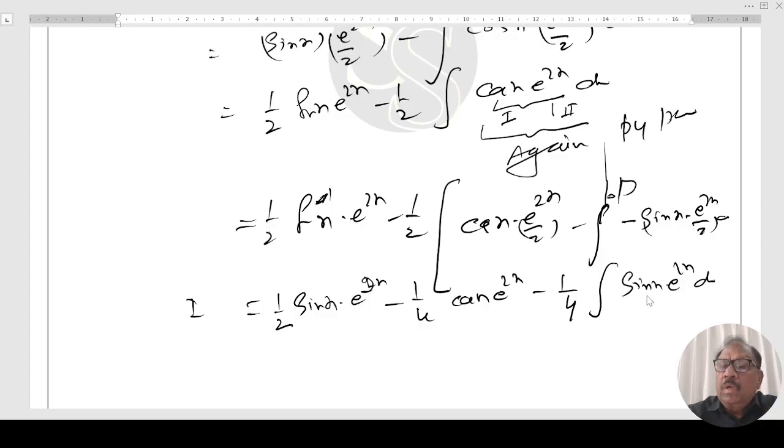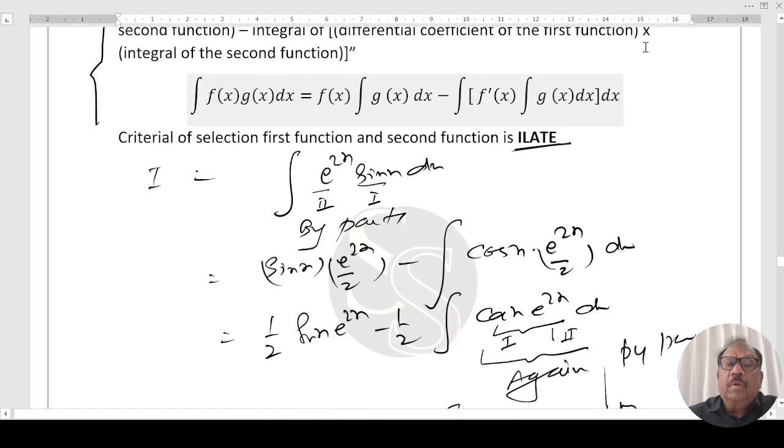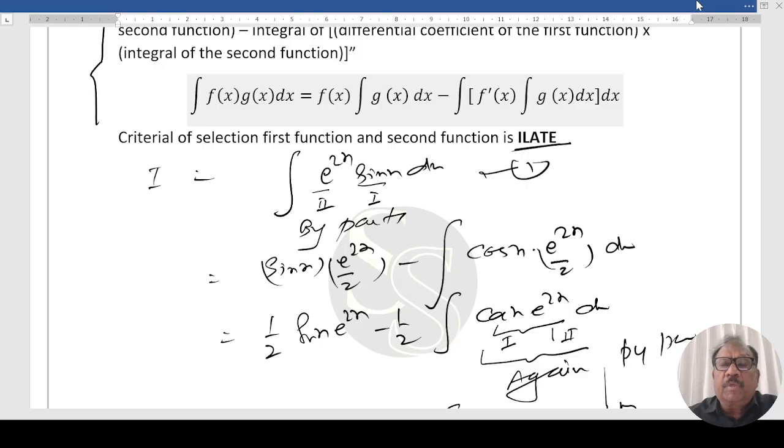This is I. This is again I from equation 1. We started it from this by applying by parts 2 times, we get again the same expression.